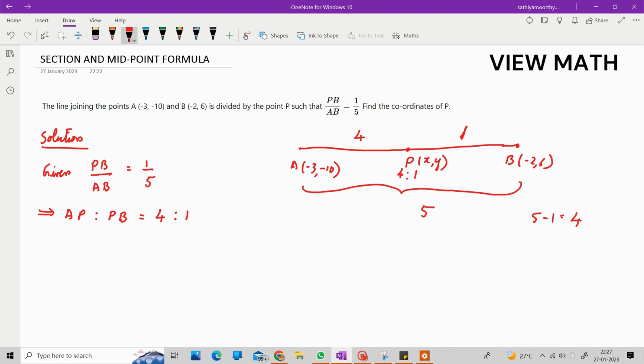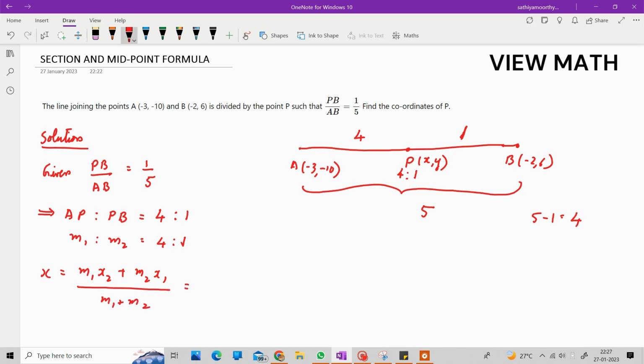So the ratio is 4:1. That is, M1 is to M2 is equal to 4:1. Now let me find the x coordinate using the section formula.